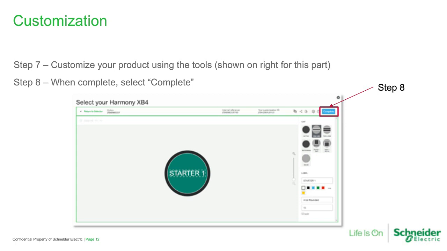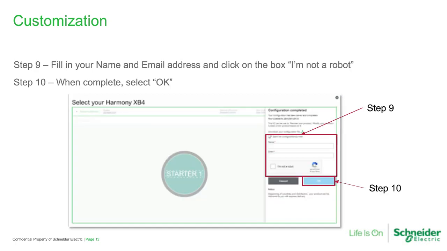Once you are done creating your customized part, you would hit step 8, which is complete. Once you hit complete, a little pop-up window would come up. You put in your name, your email address, and you hit OK. Within a few minutes after you hit OK, you'll get an email.